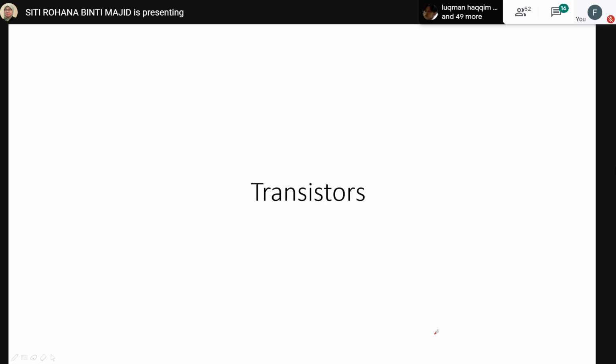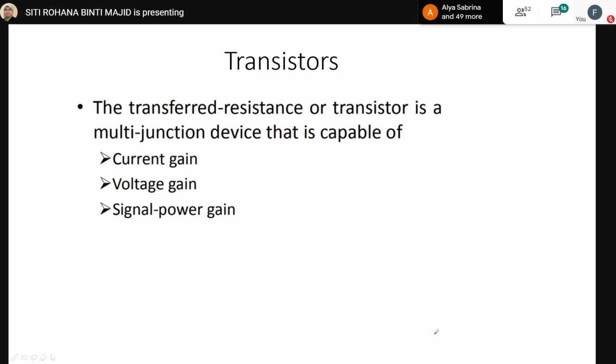Okay, and then the next part is the transistor. This topic is quite big compared to photodiodes and also limiter and Zener diode. Transistor, when you see trans and sistor, comes from transfer resistor.